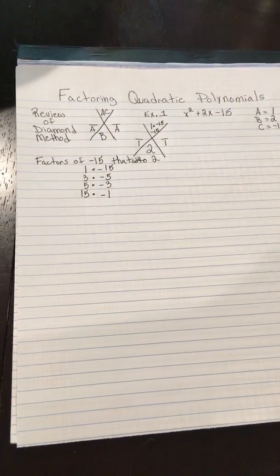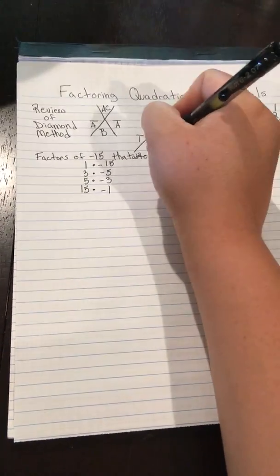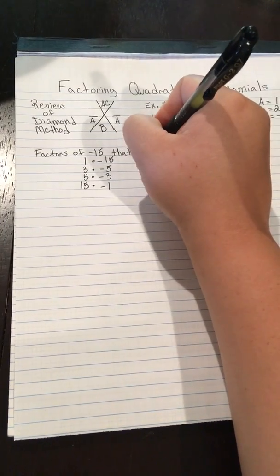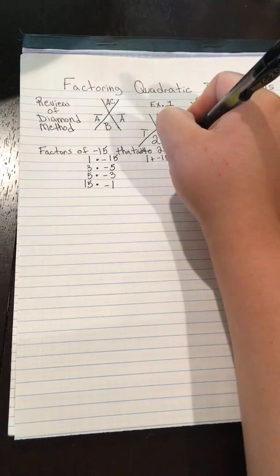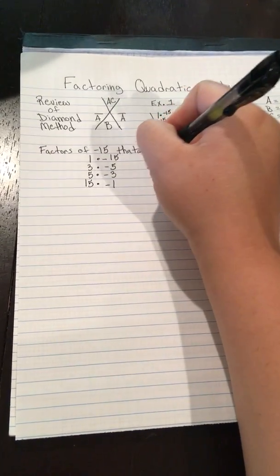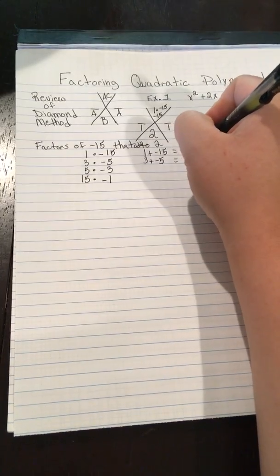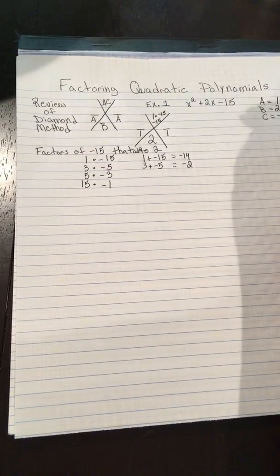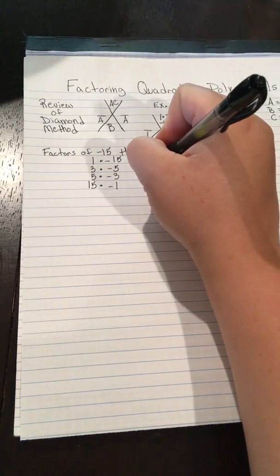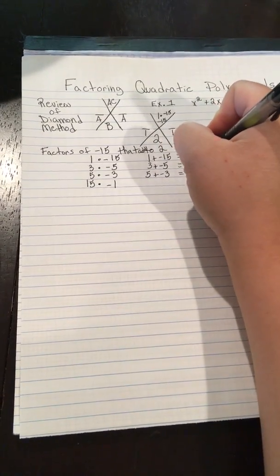Okay? Now we're going to add these numbers together to see what gives us a positive 2. So 1 plus a negative 15, well, that equals negative 14. 3 plus a negative 5, that gives us a negative 2. That's close to our answer, but not what we were looking for. 5 plus a negative 3, though, will give us a positive 2.